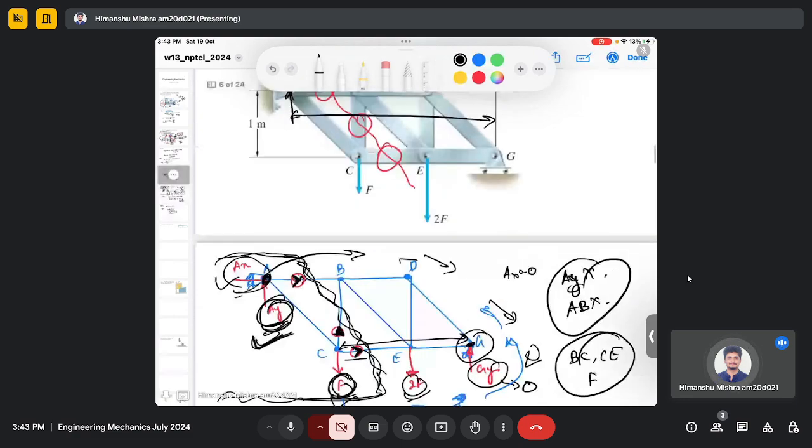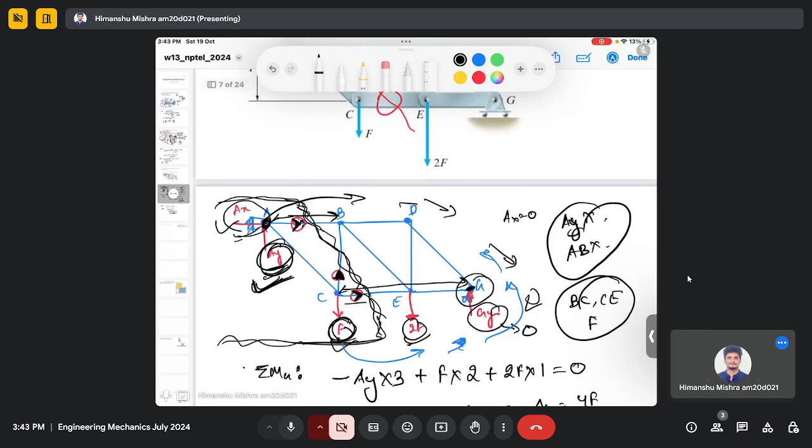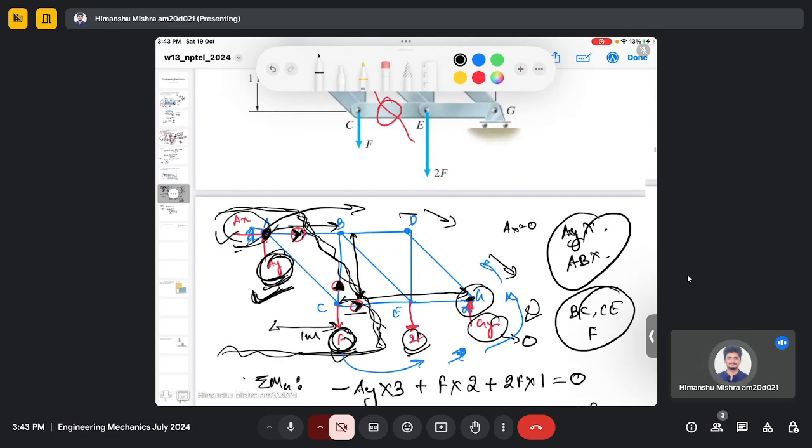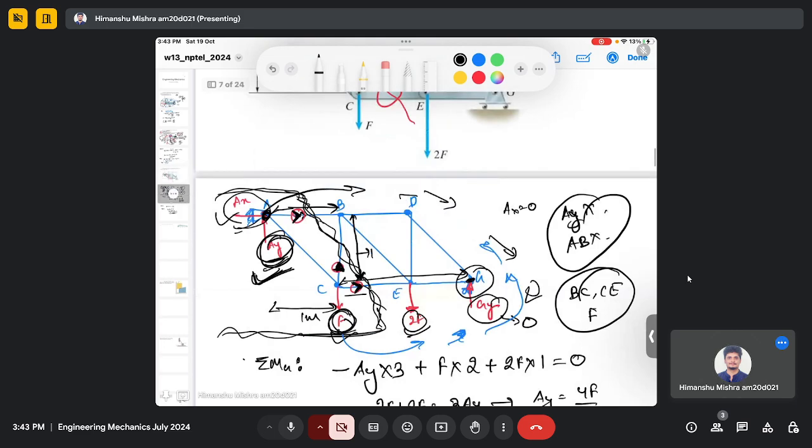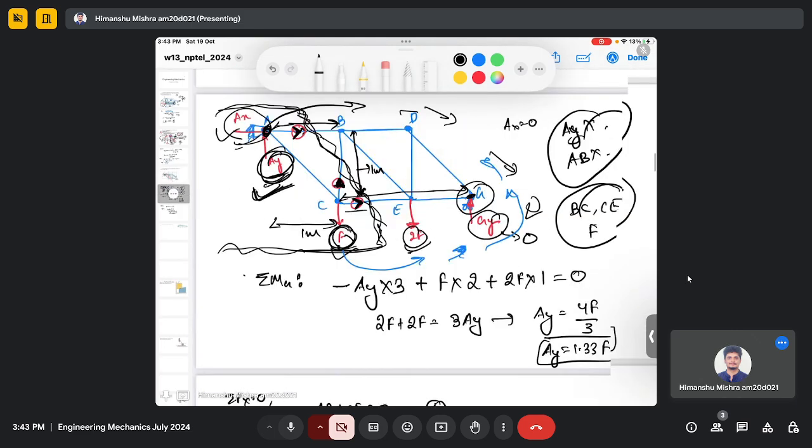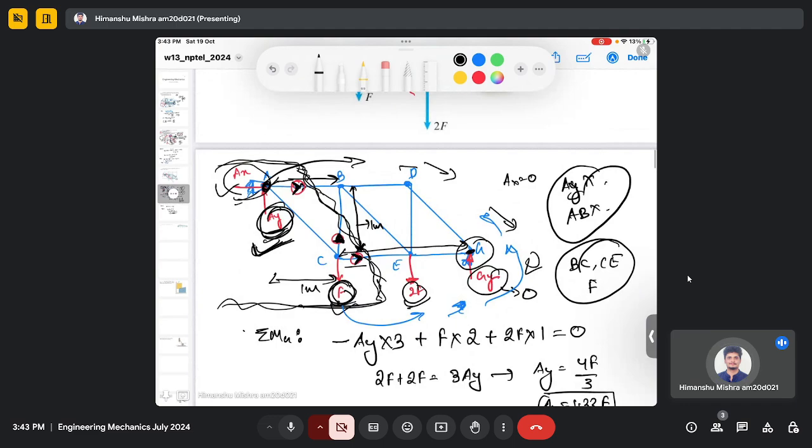So the perpendicular distance for BC is this 1 meter, and similarly for force F this is 1 meter perpendicular distance, and for CE this is the perpendicular distance which is 1 meter again. So CE, the direction of CE we have assumed from left to right. So the moment along point A is in the anti-clockwise direction.